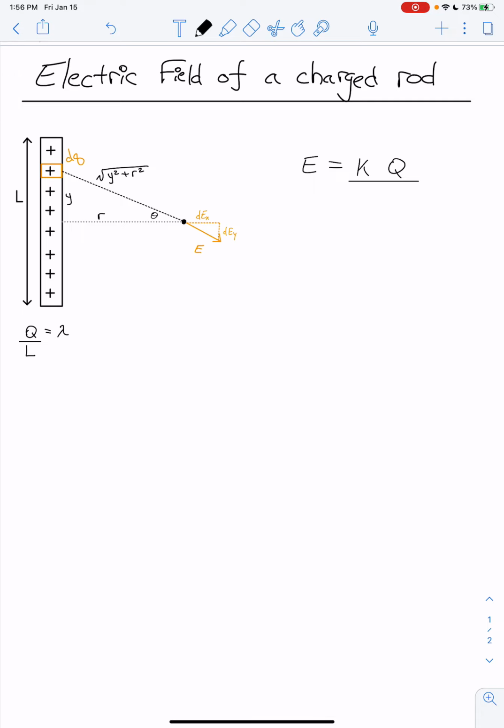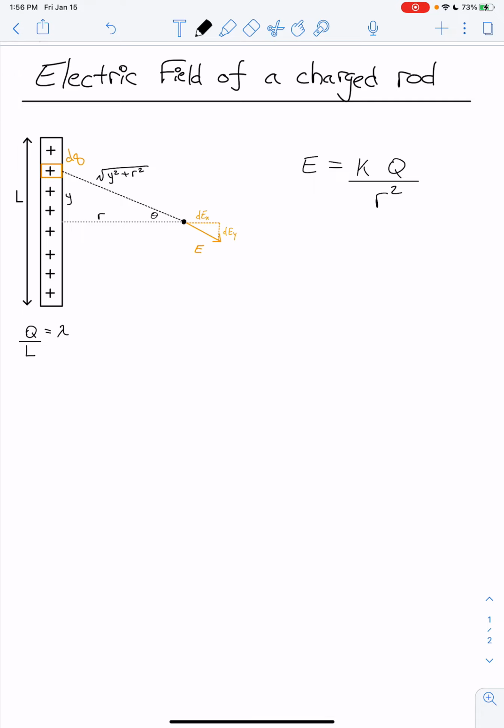So we could say, well, this would normally be our distance squared. In this case, it's going to be a little different because we're not actually calculating yet the total electric field.